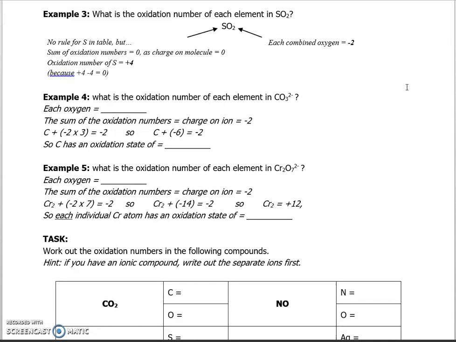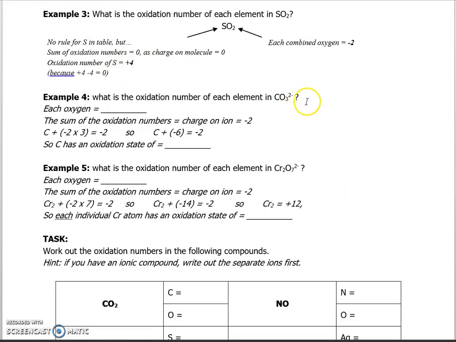There are 2 oxygens in this molecule, and there is no charge. So the sum of the sulfur plus 2 lots of -2 equals 0. So that means that sulfur must equal +4.